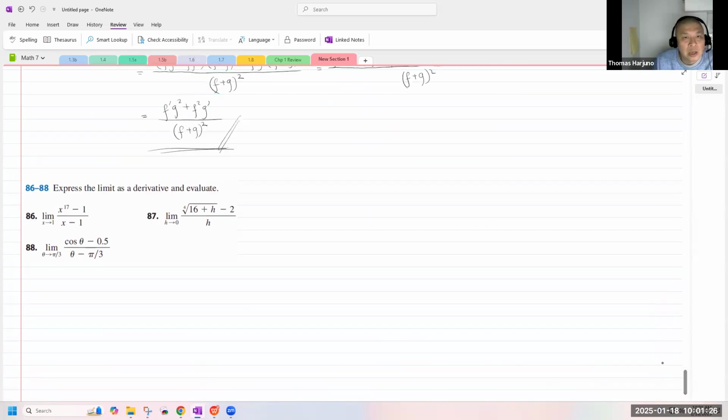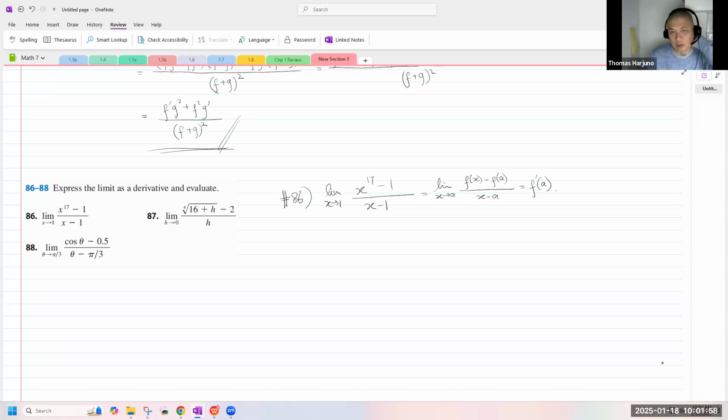Number 86, for example, you see the limit x approaching 1 of x to the 17 minus 1 over x minus 1. Now think of this as the limit x approaching a of f x minus f a over x minus a, the derivative of the function at a.